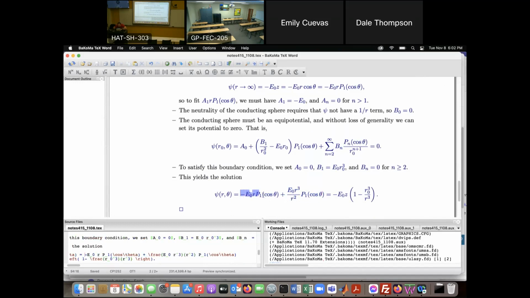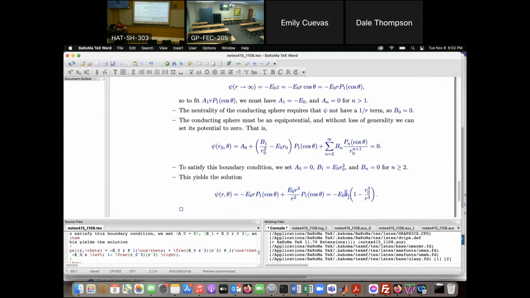This is the a1 term, this is the b1 term. Keep in mind that p1 of cosine theta is cosine theta, and r cosine theta is equal to z by the formulas for spherical coordinates. So this is our solution.